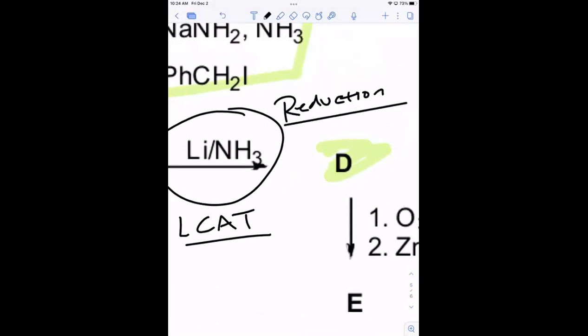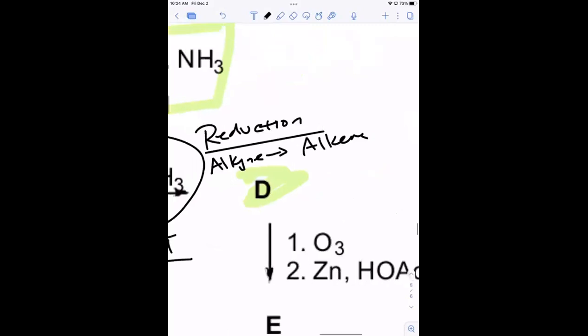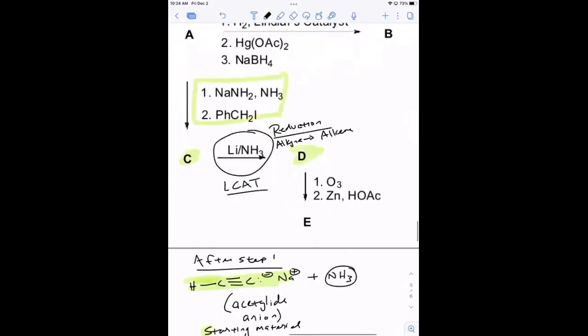It takes the alkyne to an alkene. But the question is, what type of alkene? Is it cis or trans? Because there's another set of reduction reagents that can give you cis, and that's one that can give you trans.